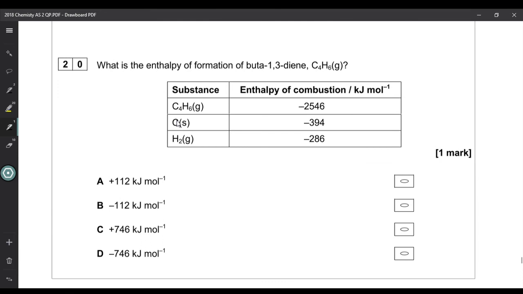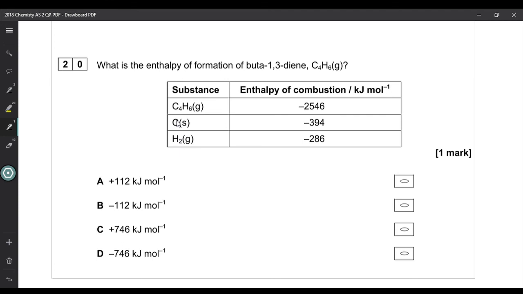So here, what's the enthalpy of formation of buta-1,3-diene, C4H6? And we're given the enthalpy of combustion of each of these. So the shorthand way of doing it is, we know that we've got 4 carbons, so it'd be 4 times 394. We know that we've got 6 hydrogens, so it'd be 3 times 286.